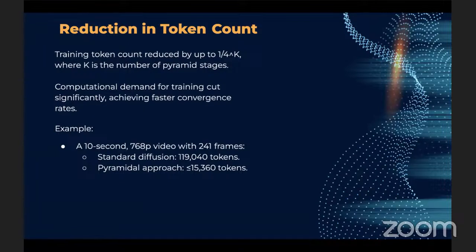It is already using fewer tokens. For example, for a 10-second video at 768p with 241 frames, a standard diffusion model takes more than 100k tokens, but our approach takes less than 15k tokens. So this model is more efficient.